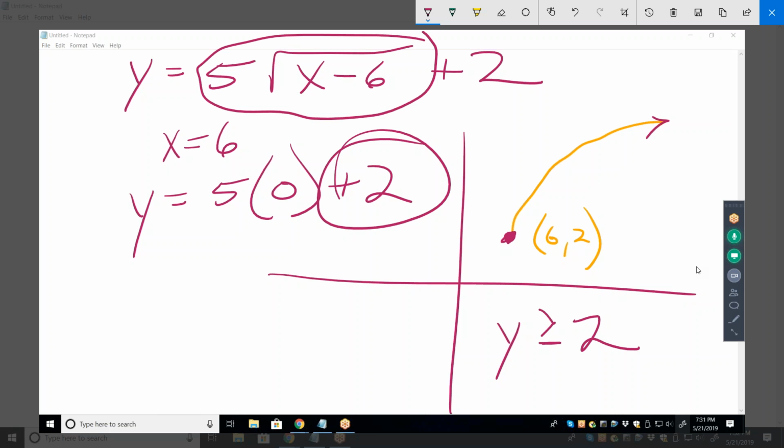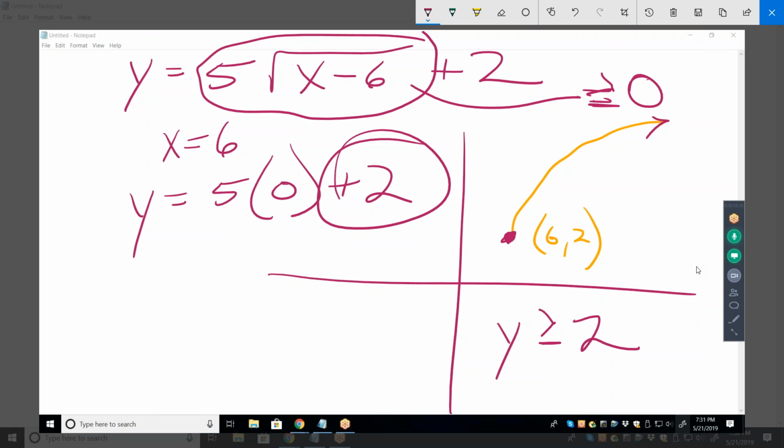Multiply a positive number by 5, you still have a positive number, and then add 2, that's why it always has to be greater than or equal to 2. This can be 0, but it cannot be less than 0. So that whole thing that I have circled has to be greater than or equal to 0 also.